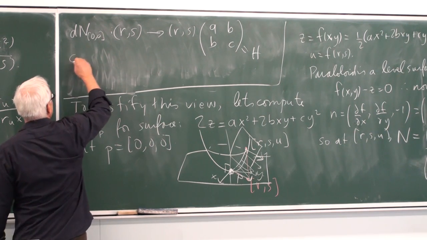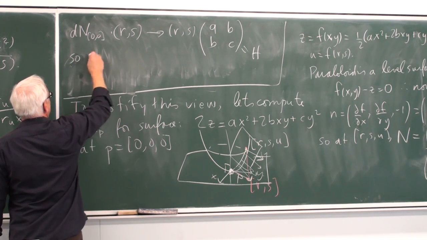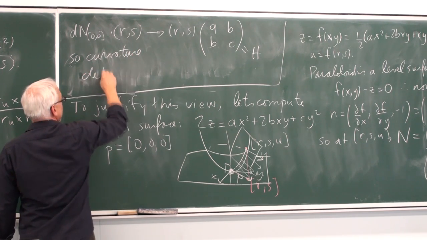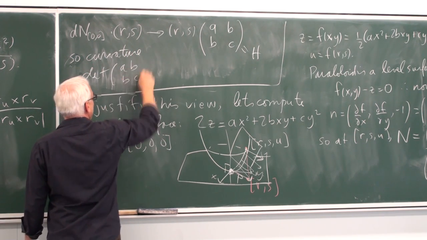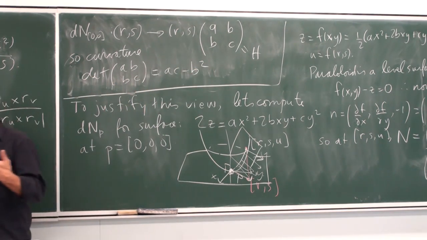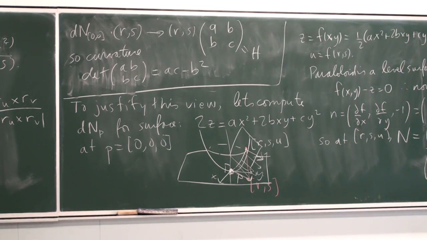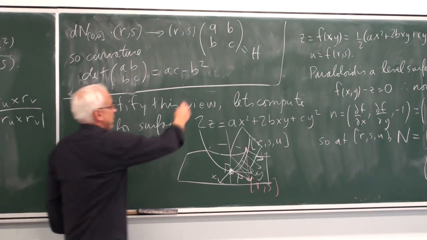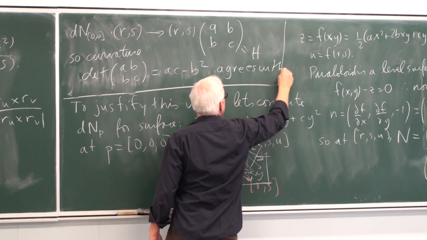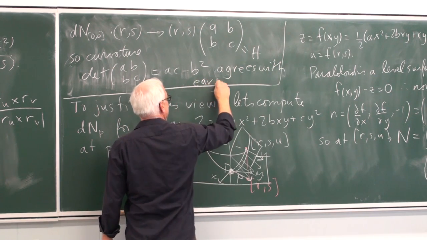So the curvature, Gauss's view is that the curvature is the determinant of A, B, B, C in this case, which is ac minus b squared. And this agrees with our earlier derivation, with our earlier work.